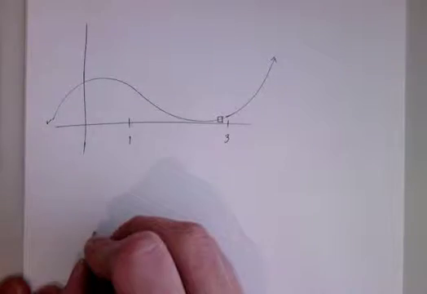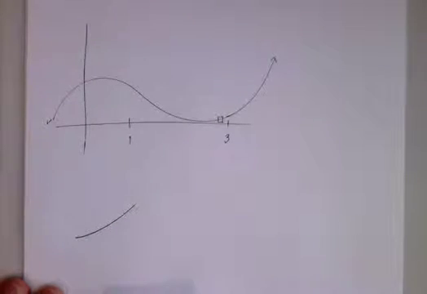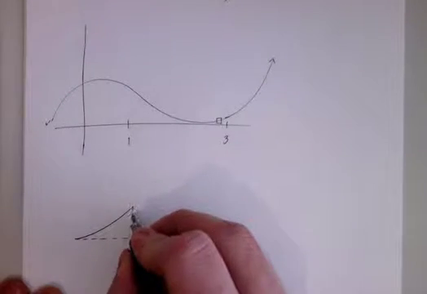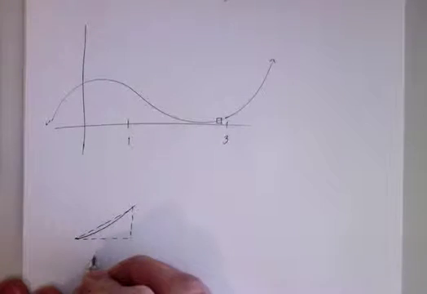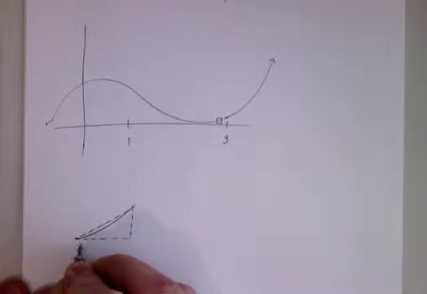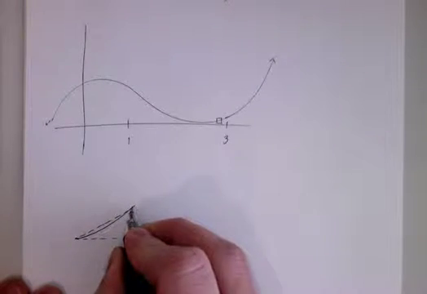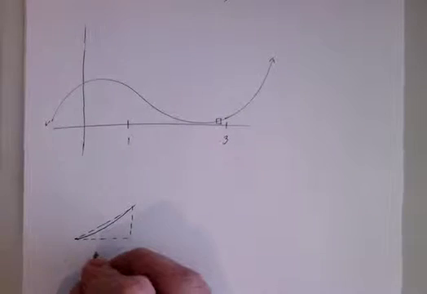If we zoom in right there, we get a shape kind of like that. Well, we can approximate by drawing a triangle, and if we can figure out this distance and this distance, we ought to be able to figure out that distance, that dashed line, which would be a good approximation of the curve.